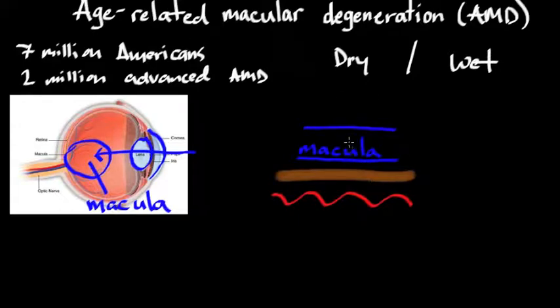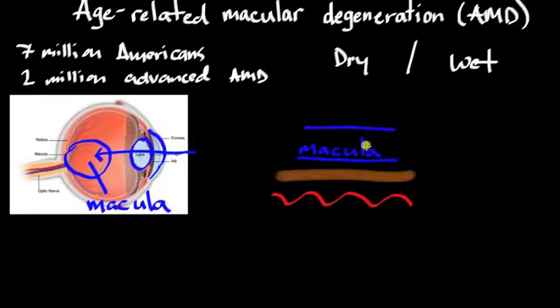So we have the macula, we have this pigment layer that's a barrier between the macula and this blood vessel layer underneath. When we focus on wet macular degeneration in another video, this blood vessel layer will become more important. But for dry macular degeneration, it's more about this macula and this pigment layer.